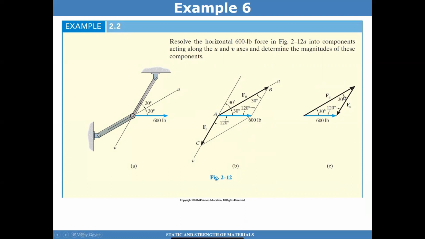So that has to be 600 pounds. That's a quick way of doing it. Very simple process. I hope that's a clear example of how to apply it very quickly.